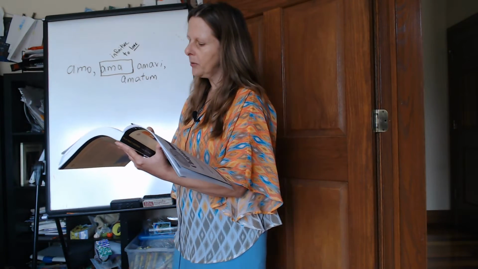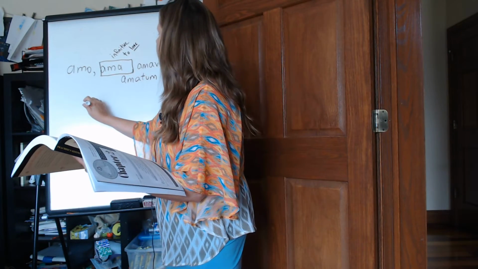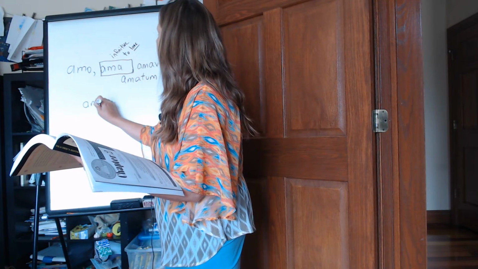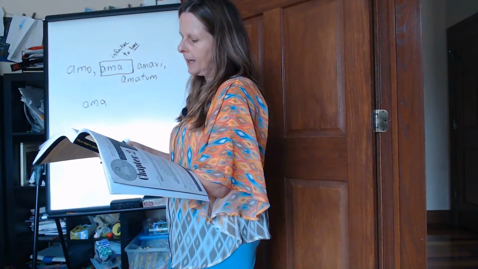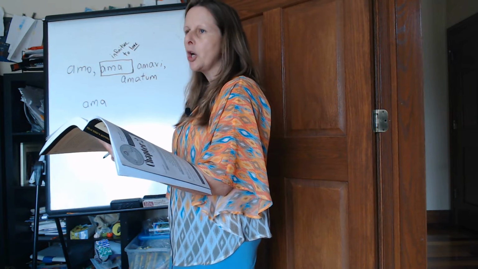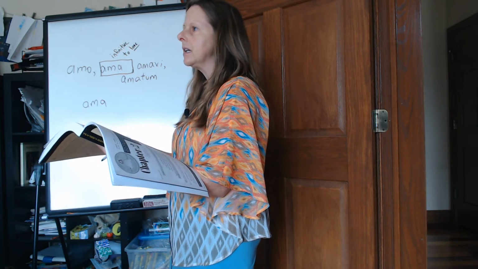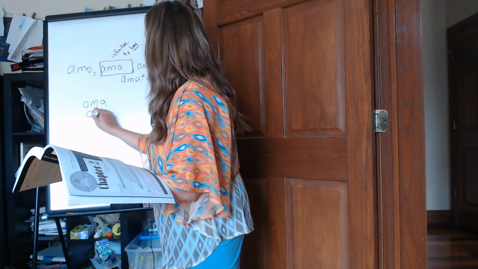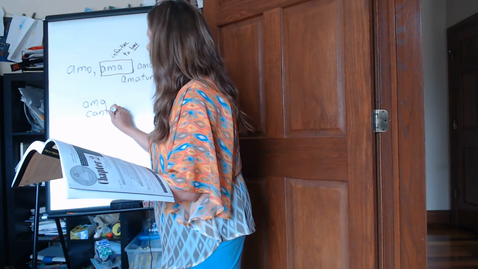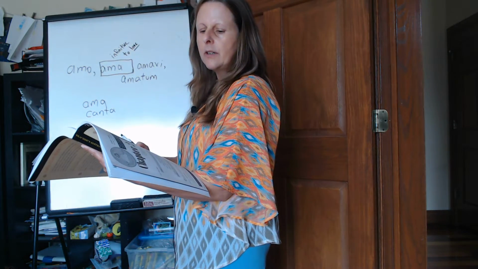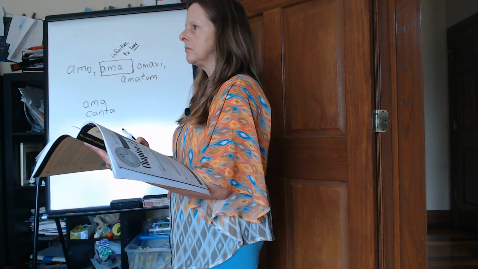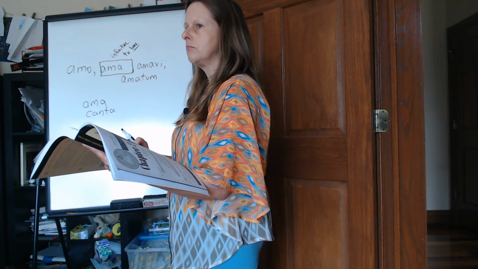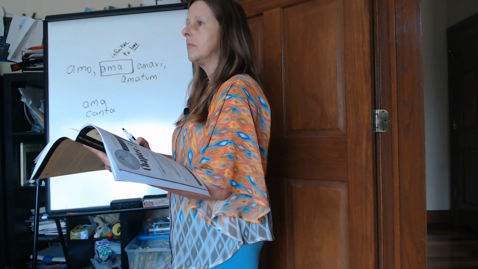And in exercise 2, it said, find the stem for each of the verbs that you learned. Well, they showed you in your book that the stem of amo is ama. And that the stem of canto, I sing, is canta. What's the stem of laboro? Labora.